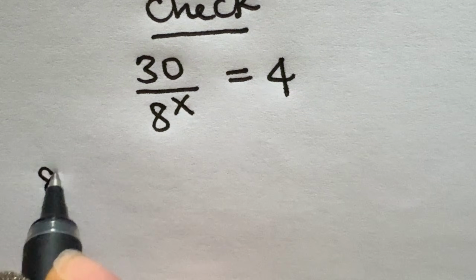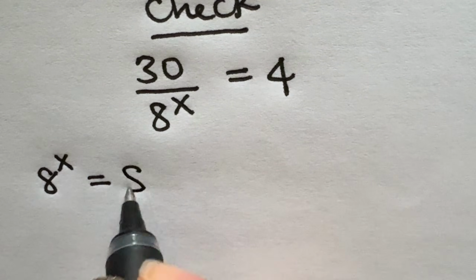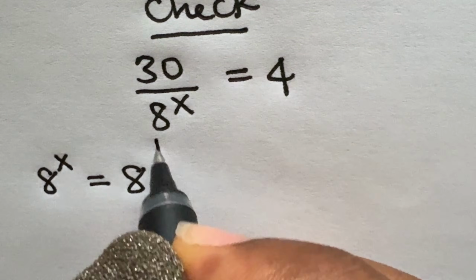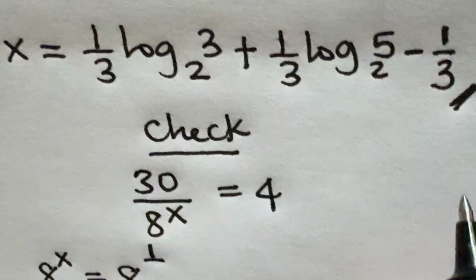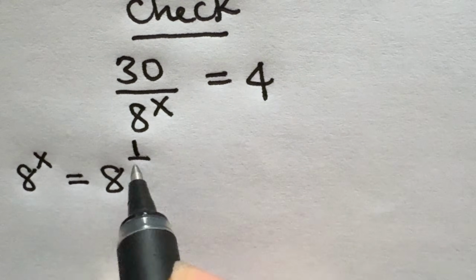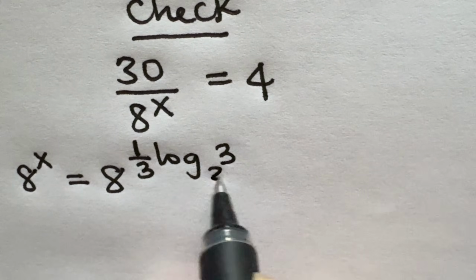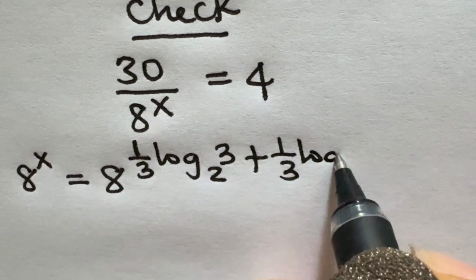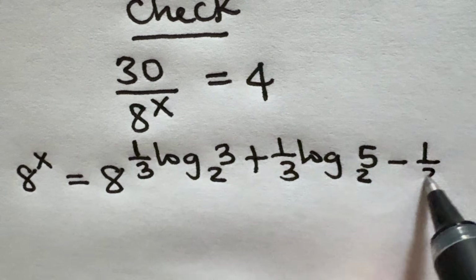So 8 raised to power x will be equal to 8 raised to power 1 over 3, what we got for x, all of this. So that's 1 over 3 log 3 base 2 plus 1 over 3 log 5 base 2, then minus 1 over 3.